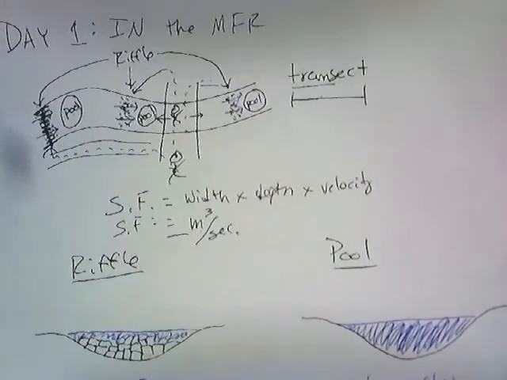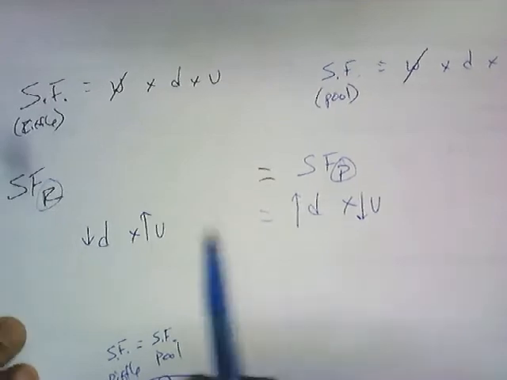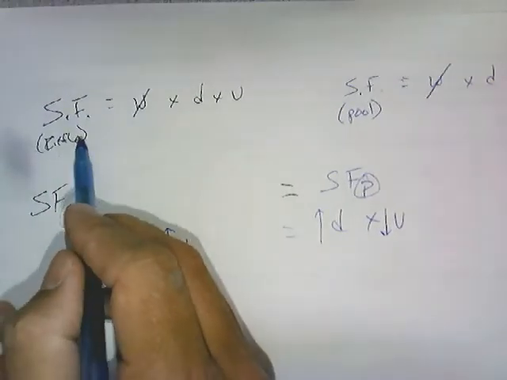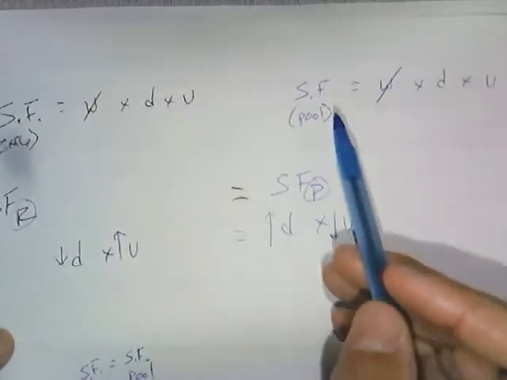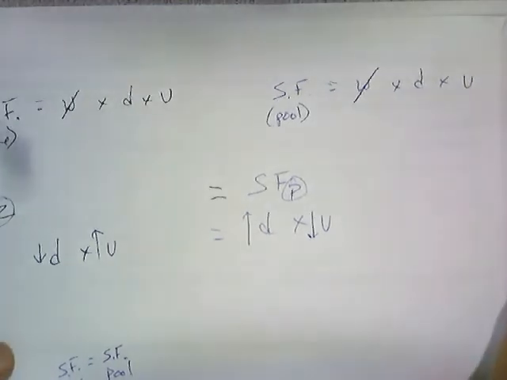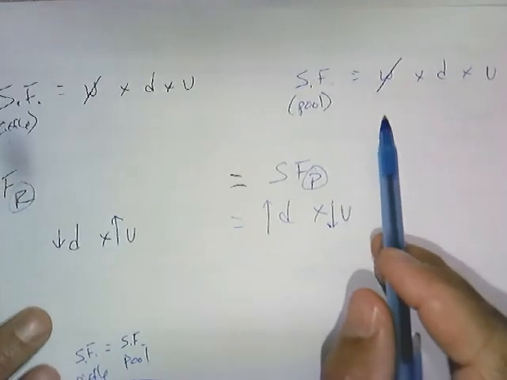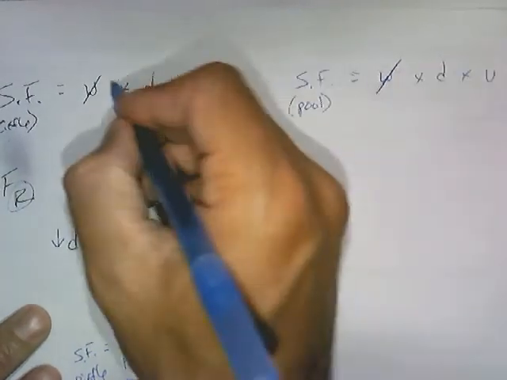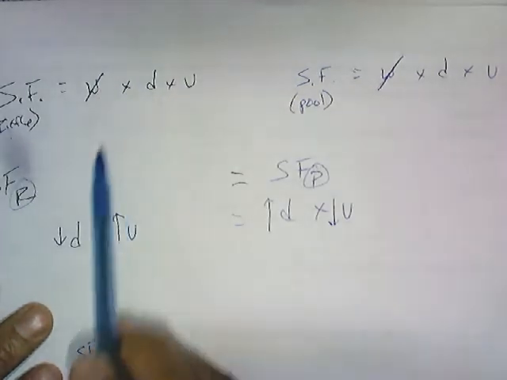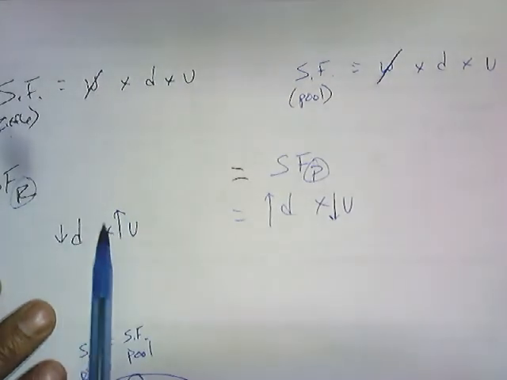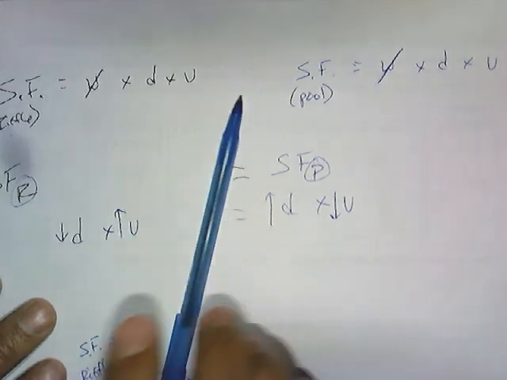And that's all calculated by knowing that the stream flow at the riffle, with depth and velocity, is going to equal the stream flow at the pool, with depth and velocity. The only noticeable difference, since the widths are about the same, is that where you have shallower depths, it's going to compensate by traveling faster. I hope that helps.